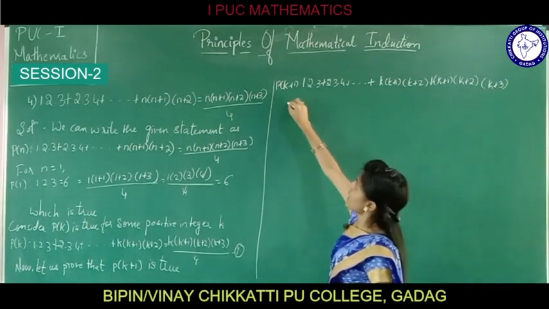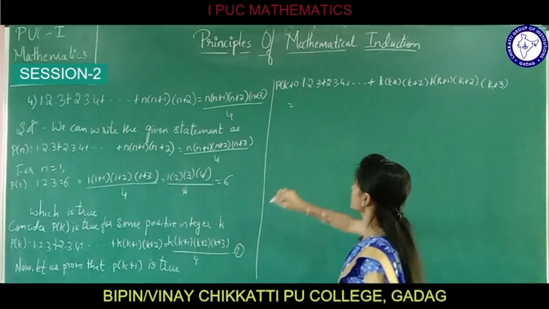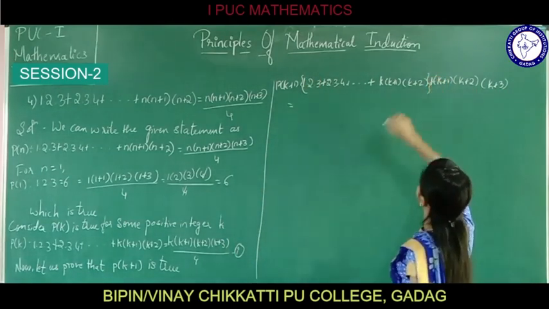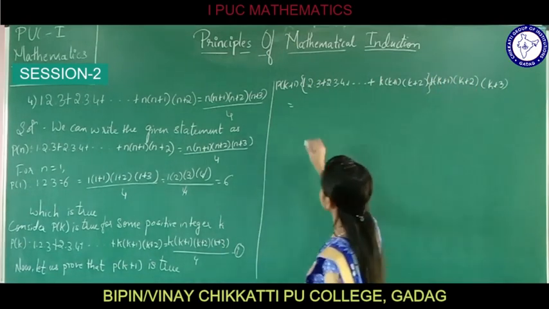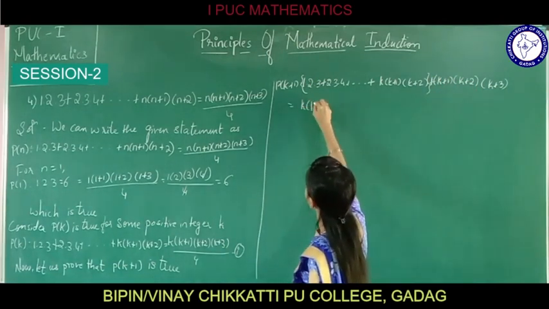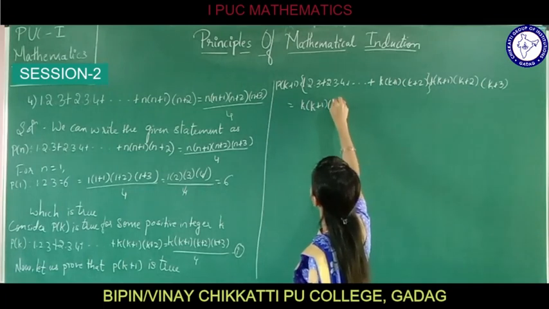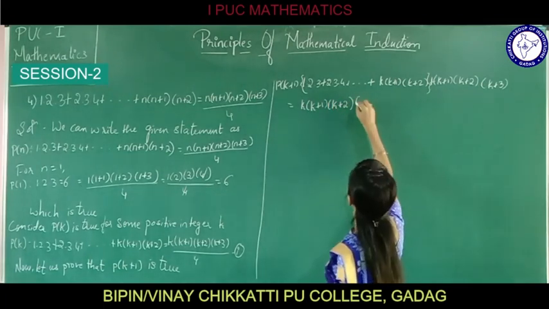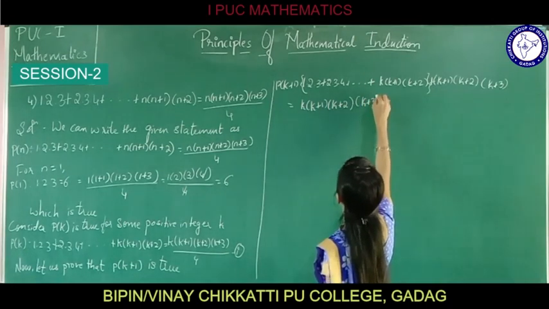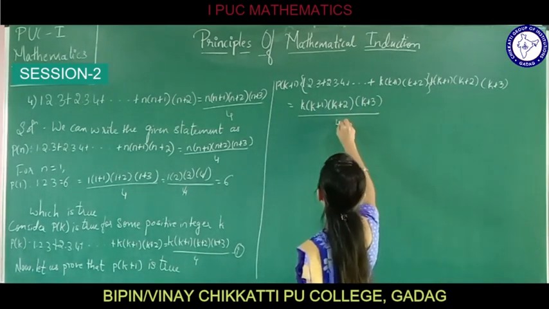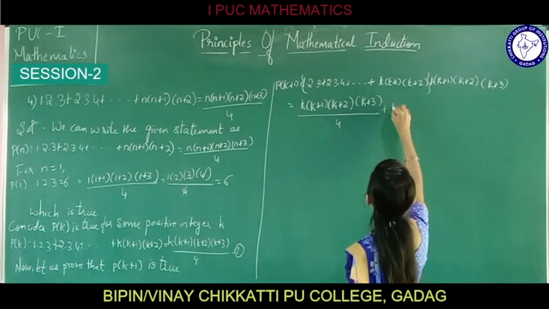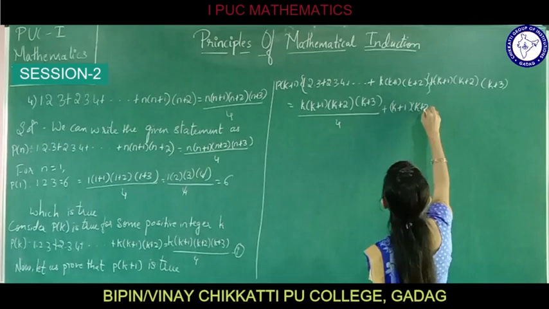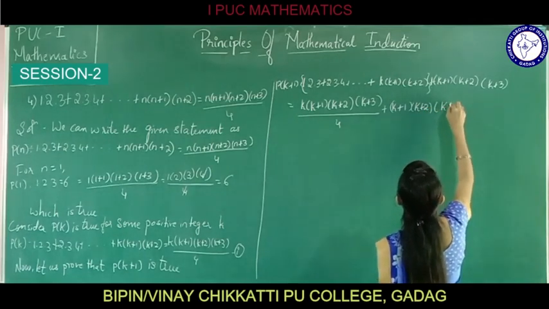This can be written by using equation 1. It is k into k plus 1 into k plus 2 into k plus 3 by 4 plus k plus 1 into k plus 2 into k plus 3.